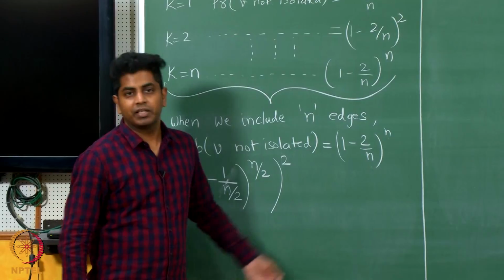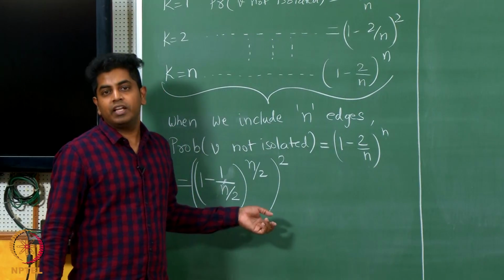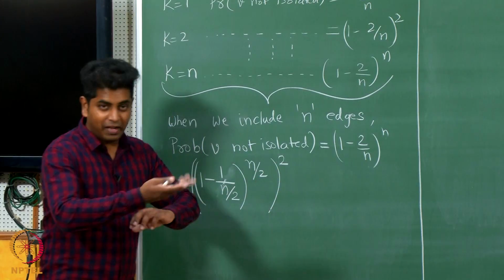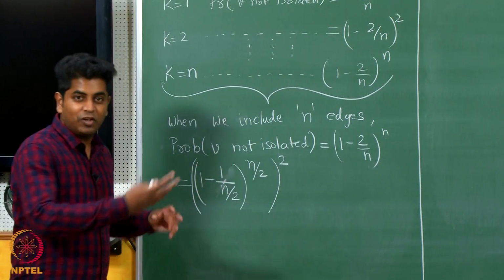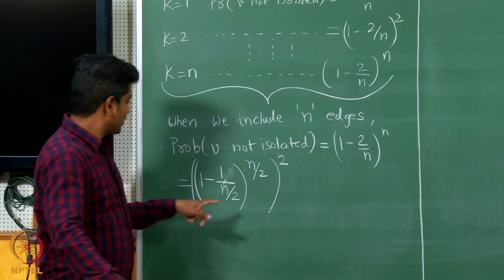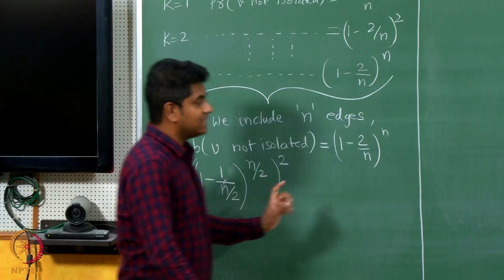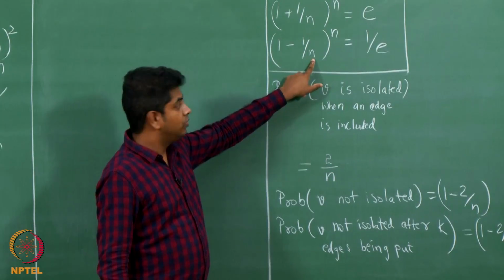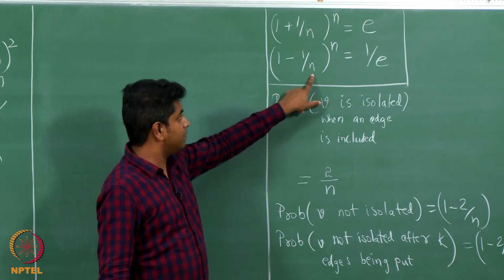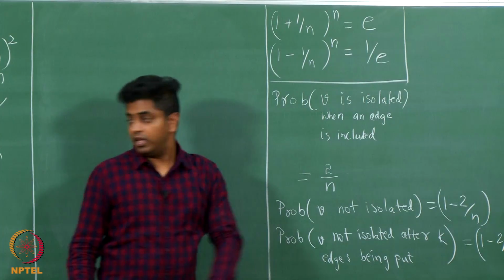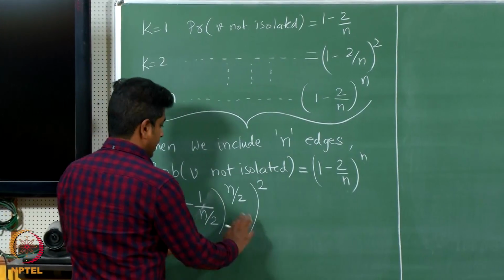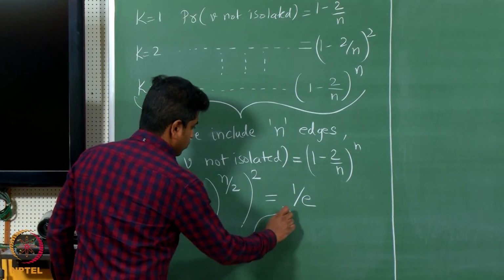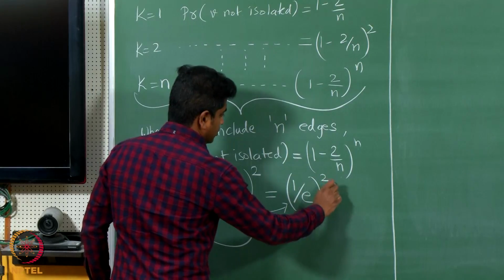The usual trick that we do in mathematics. If something does not look very nice, we make it appear nice by multiplying and dividing by the same number, adding something on LHS and RHS, we know those tricks. So I am writing it so that this appears like something that we know already. In place of n we have n by 2, 1 minus 1 over something to the power of the same thing is 1 by e. So this is 1 by e, 1 over e squared.